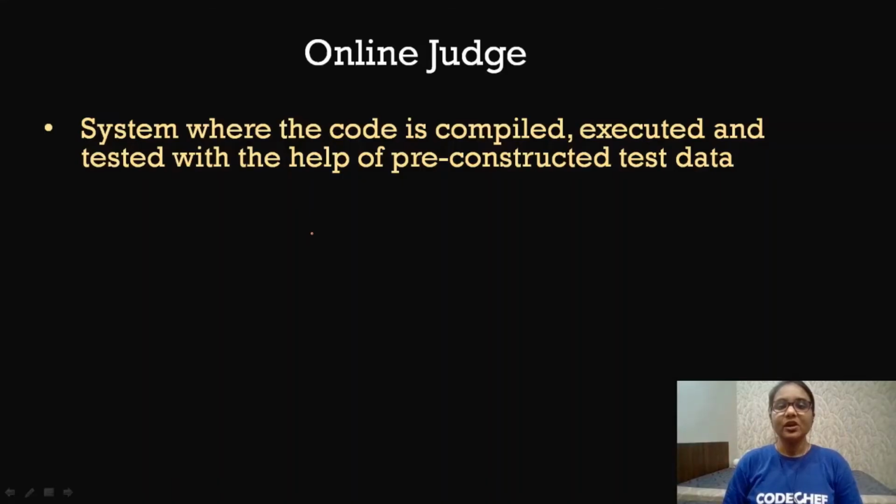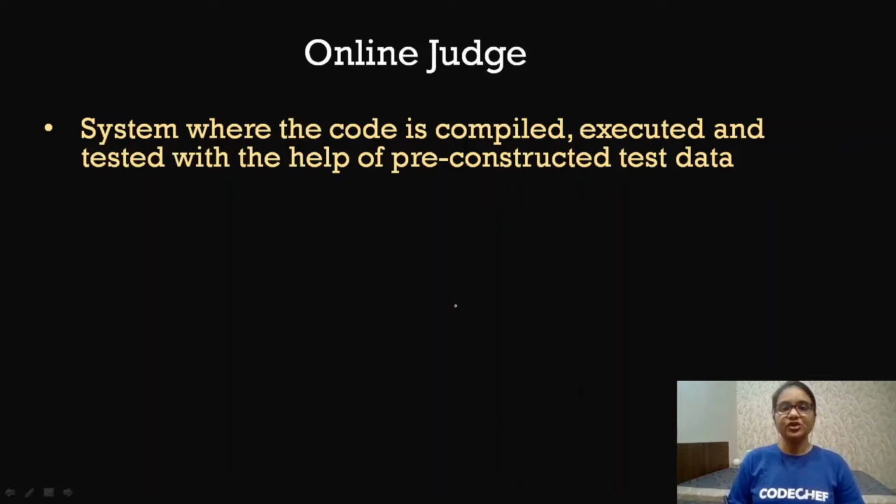So basically, an online judge is a system such that when you submit a code for a particular problem, the code is automatically compiled, executed and tested for whether it is correct or not with the help of pre-constructed test data. Now what is this test data all about?